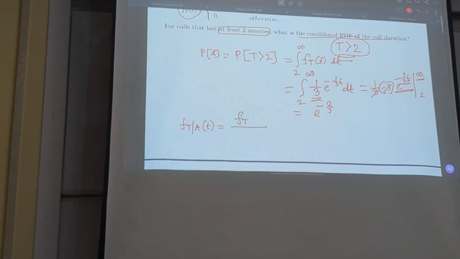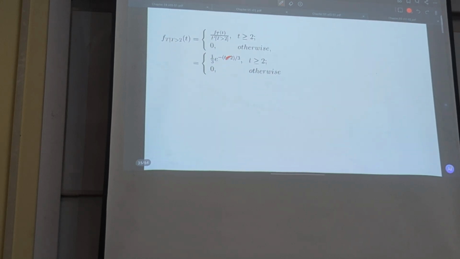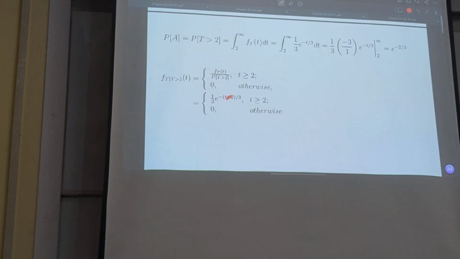The unconditional PDF of t divided by the probability of A, which is 1/3 e to the power minus t/3 divided by e to the power minus 2/3, which is 1/3 e to the power minus (t minus 2)/3. Is it okay? There is a typo here. This formula is taken from the text. Any confusion here?